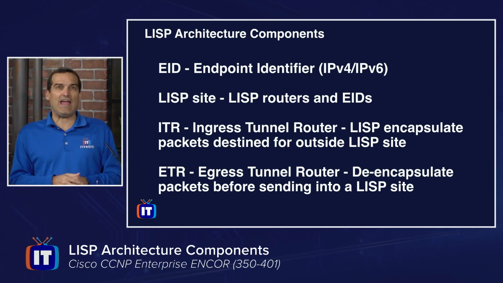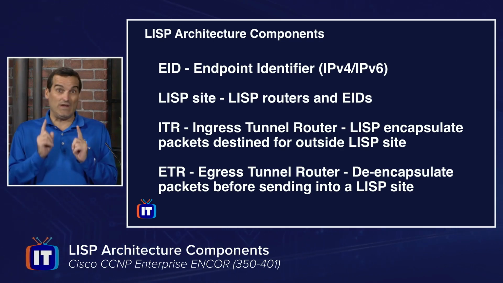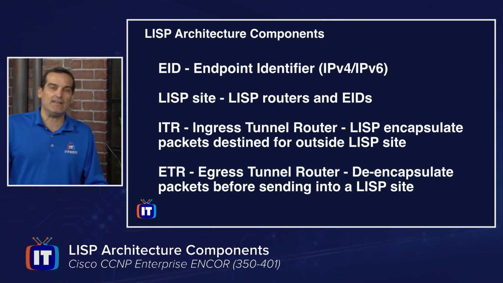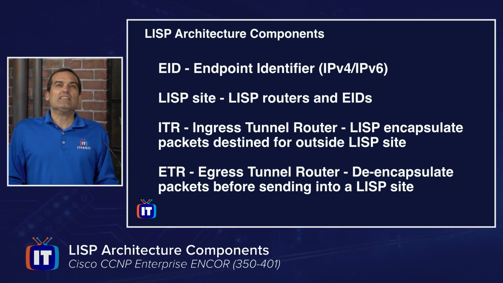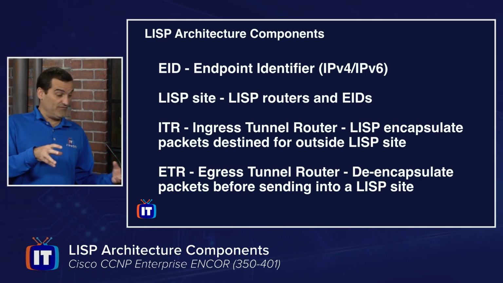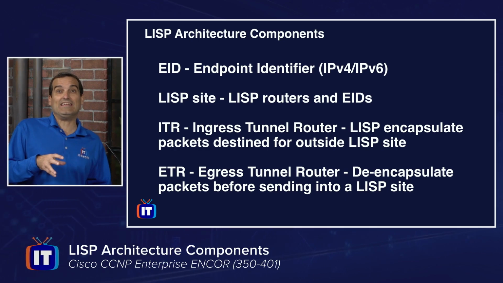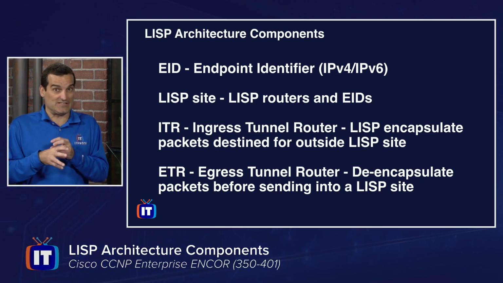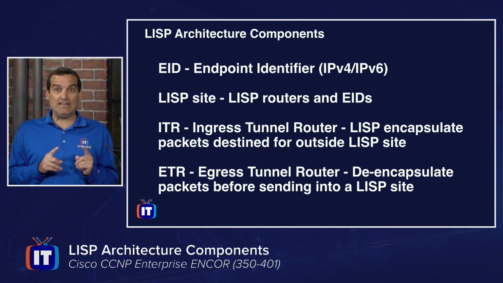And that's where we have ITRs, Ronnie. We did not talk about these when we initially presented the Lisp material. The ingress tunnel router is where you have the encapsulation of the packet as it is going from one site to another Lisp site. Now notice the key here, Ronnie.